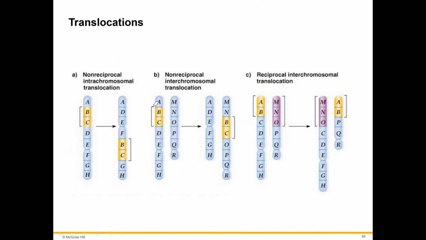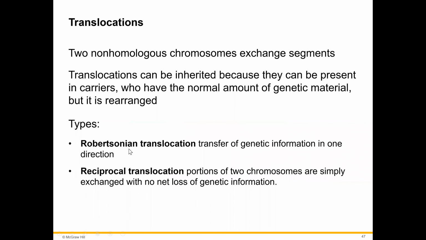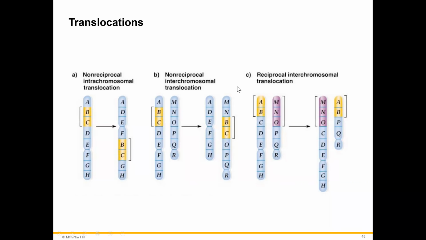Now, this chromosome has segments B and C, and they translocated to another chromosome. So this is called non-reciprocal translocation or Robertsonian translocation. That's an example of Robertsonian translocation.